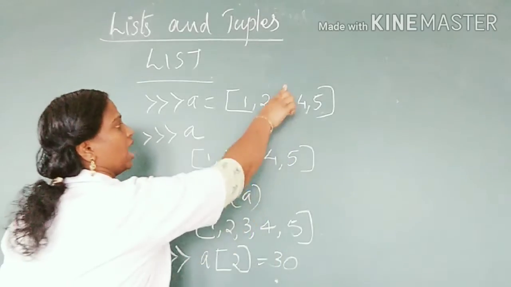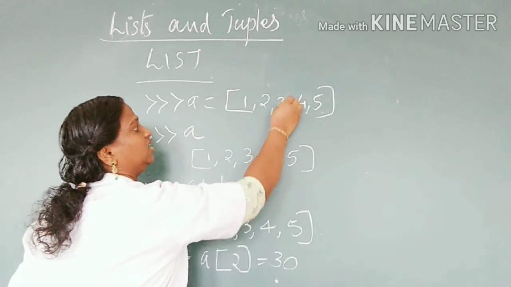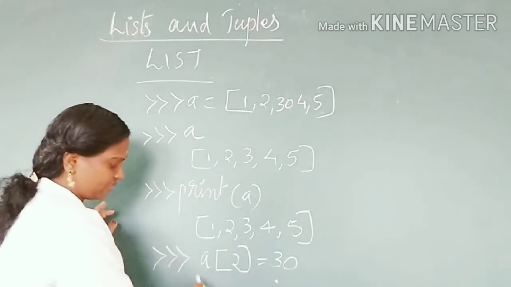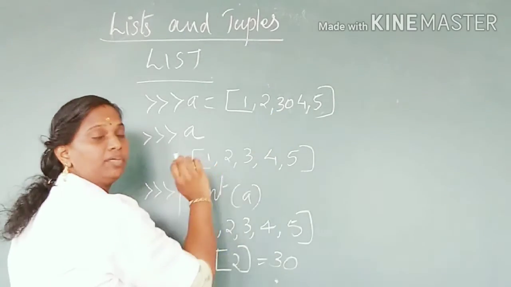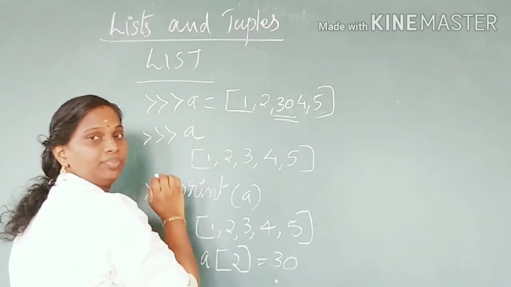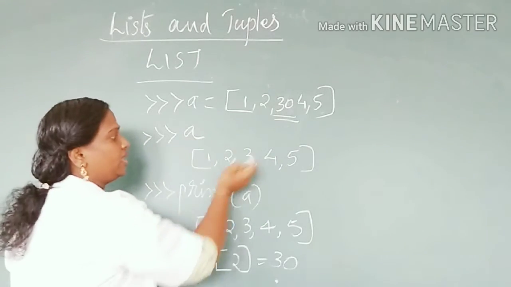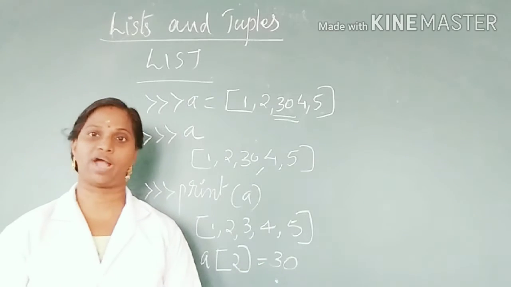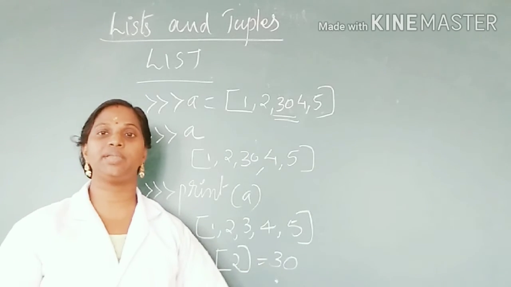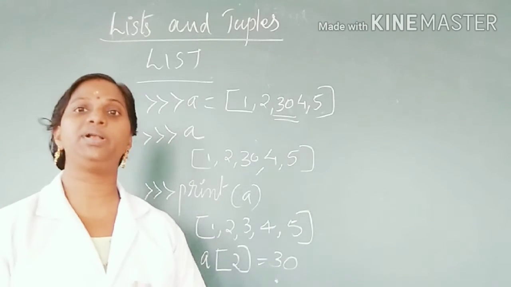So the third value 3 will change to 30, and when you type a, you will get 1, 2, 30, 4, 5. That means list is a mutable data type.